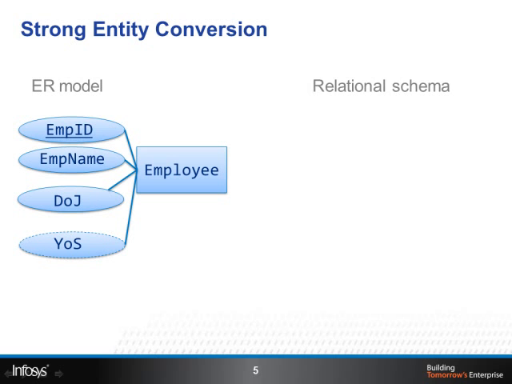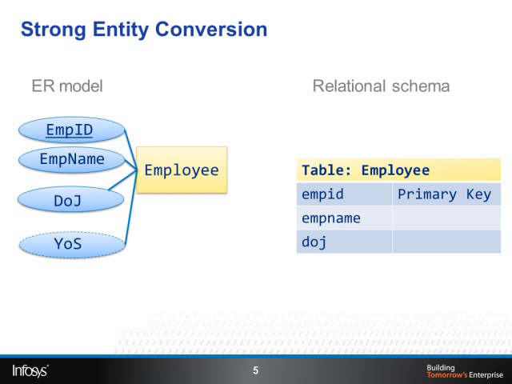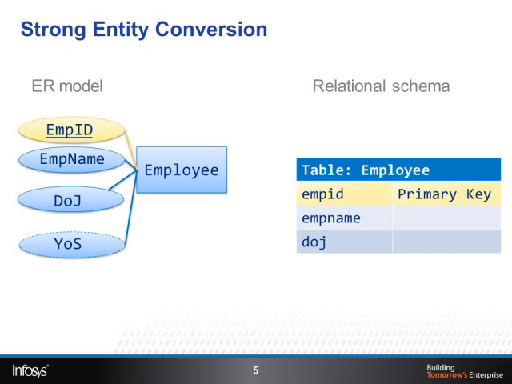If we were to convert this into a relational model, the entity employee is modeled to the table employee. The key attribute of the entity, employee ID, is modeled as the primary key of the table. Attributes employee name and date of joining are modeled into the respective columns.